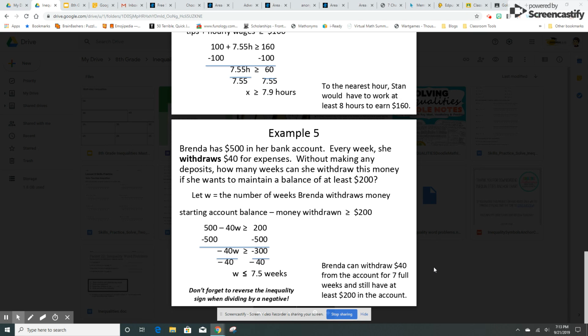So we're going to put in our beginning balance, which was $500, and then she takes out $40, so that's going to be minus 40 or negative 40, times we don't know how many weeks. That's what we're trying to figure out, so we can use our variable for that. And then when we go through and we solve, notice we have to divide by a negative, so we have to switch our sign.